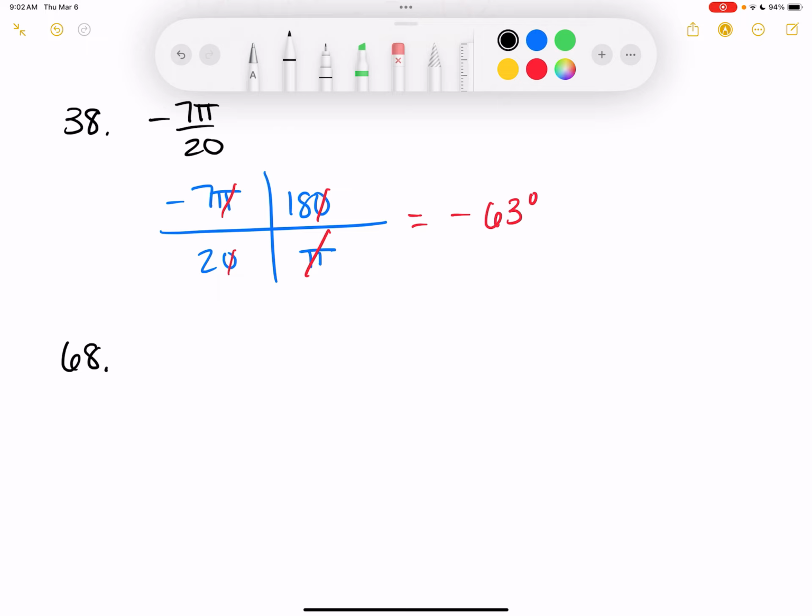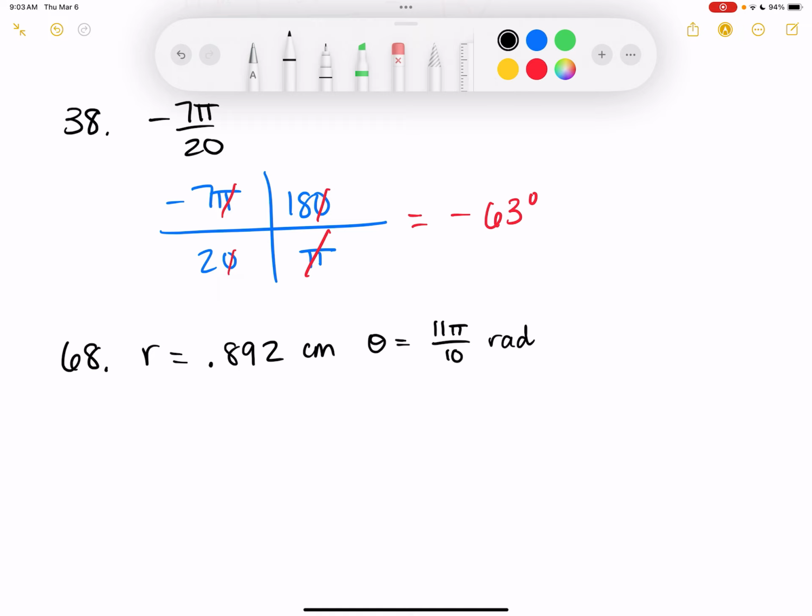So 68: r equals 0.892 centimeters. Theta is 11 pi over 10 radians. If they don't have it written in terms of pi, because sometimes it's not, they will put RAD to represent radians so that you know you're working with radians.